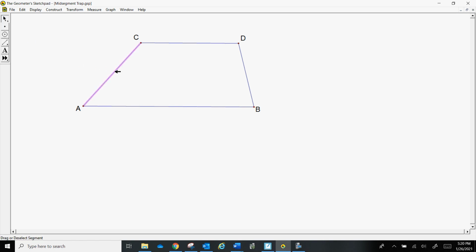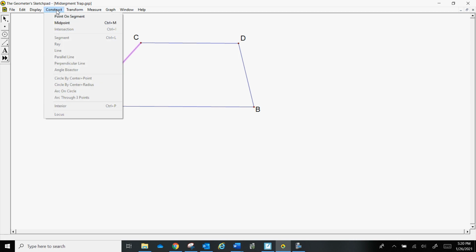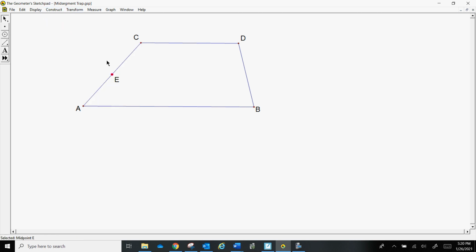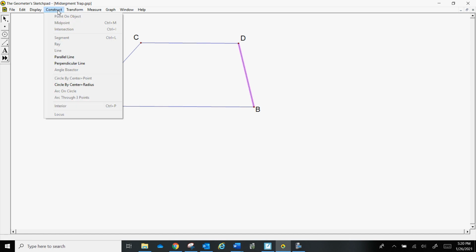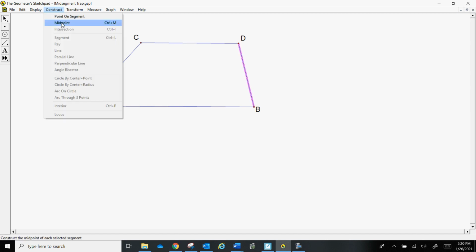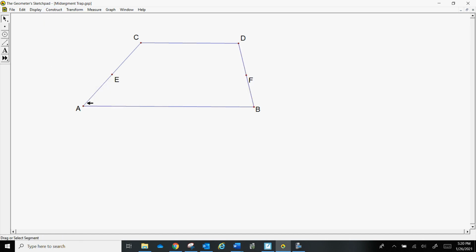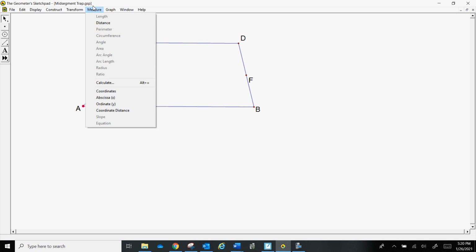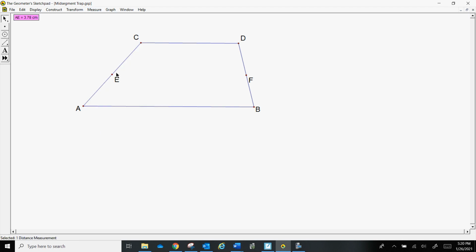So if I come over here and I construct a midpoint here, and I find a midpoint right over here. Just a second, let me clear that out. There we go. So I construct a midpoint here. Again, if I measure them, these are midpoints, A to E, measure that distance.